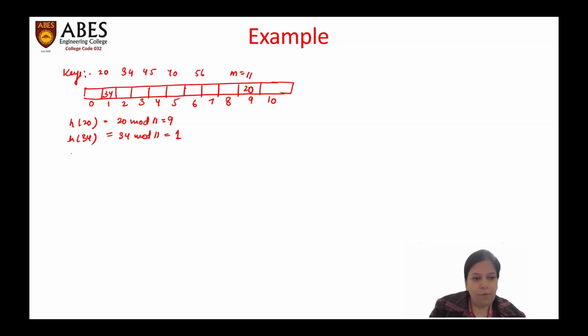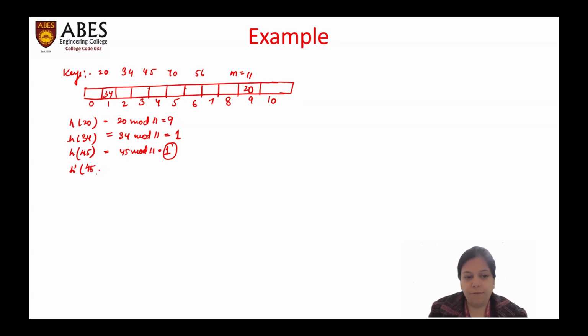Right. Now, suppose we want to map 45. In order to map 45, you can see that 45 mod 11 will again give us index 1, and this is where the collision will occur. So, in order to resolve this collision, we are going to use the h'(k, i) function, and the value of i will be 1.